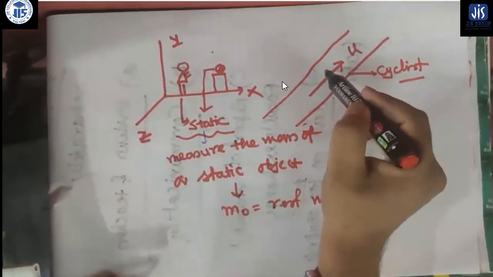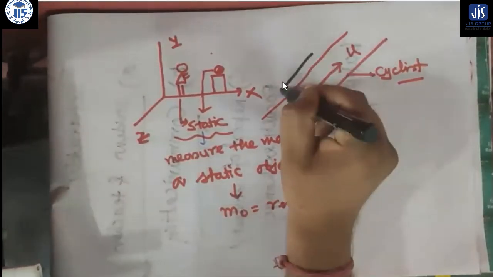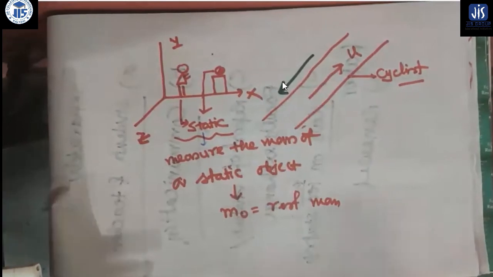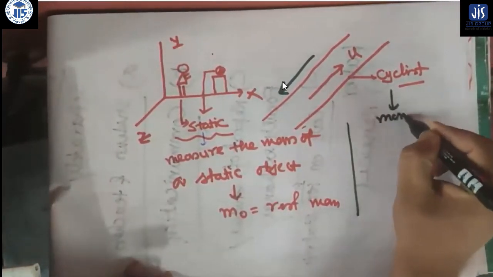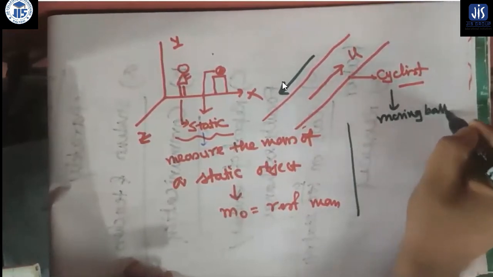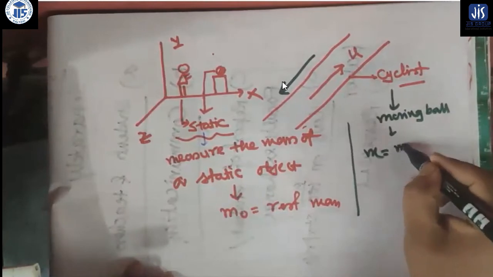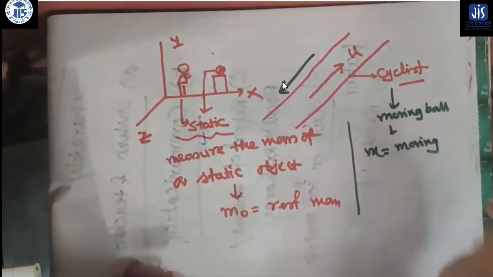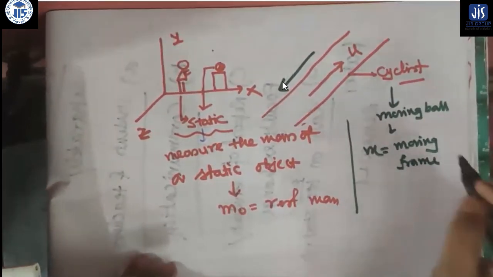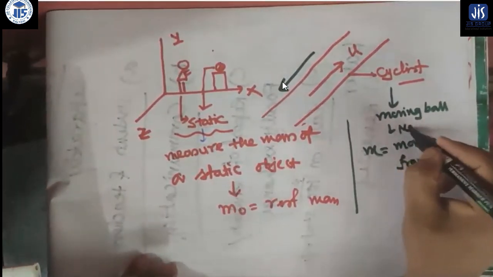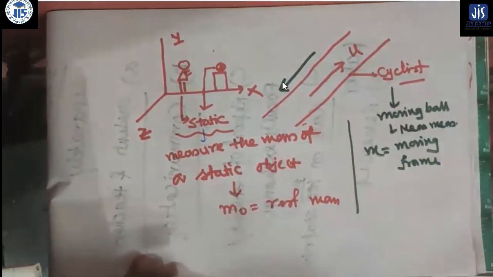If the cyclist moves in this direction, he will see the ball moving in the opposite direction with a velocity minus u. So the cyclist will see a moving ball. Now if he measures the mass of the ball, he will measure the moving mass. M will be the mass measured from a moving frame, this moving frame of the cycle.